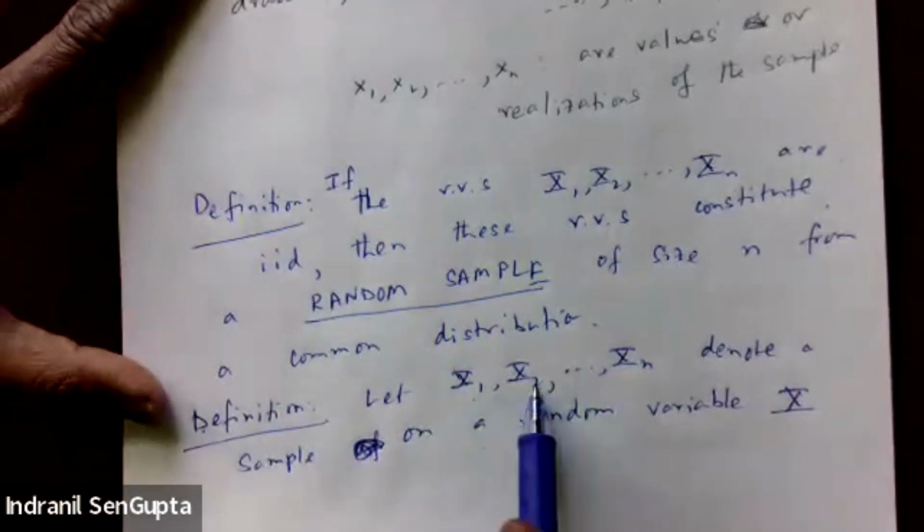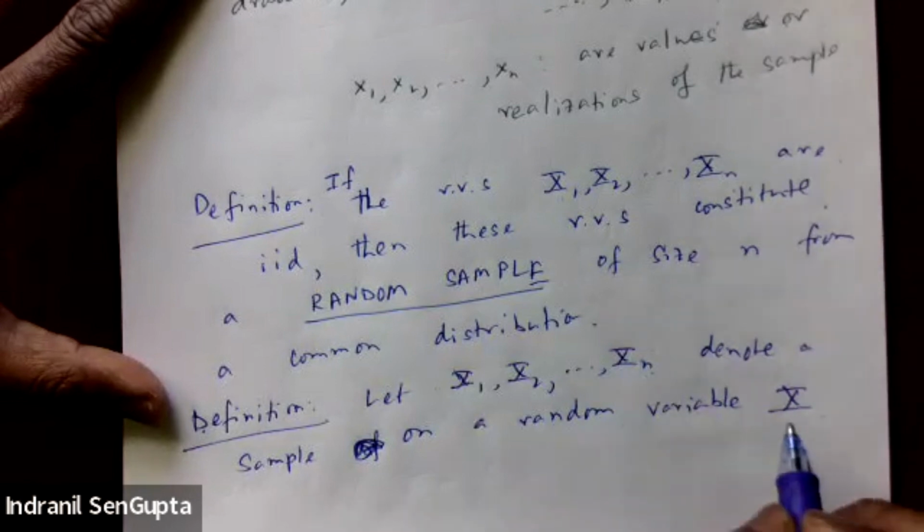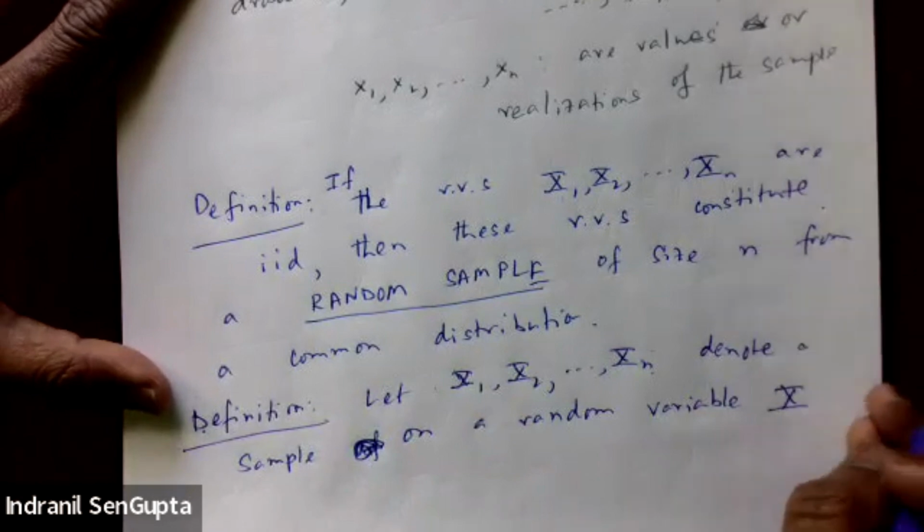It means that X1, X2, up to Xn are IID, and the common distribution is that of X. That's the meaning of the sentence.